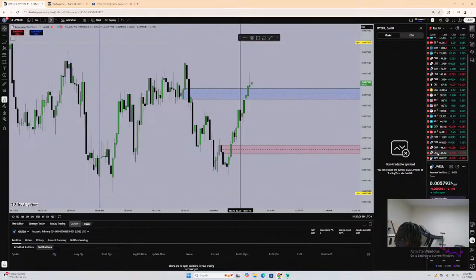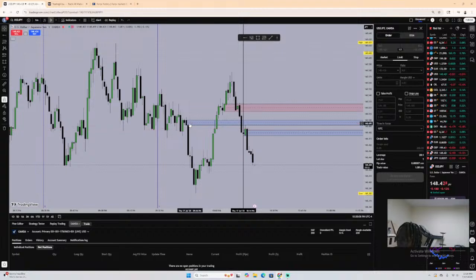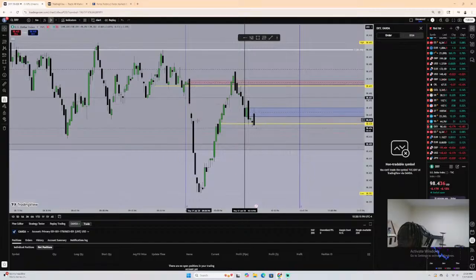Trading above. Boom. Already traded below here. It's a tough one, man. Let's end this gap right here. This is bad because some charts give you quicker data, which makes it easier for you to trade.